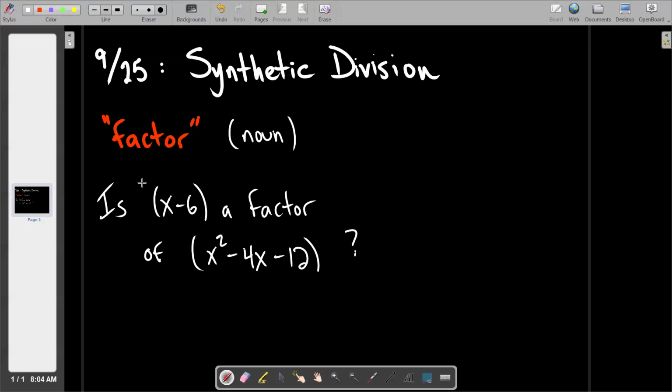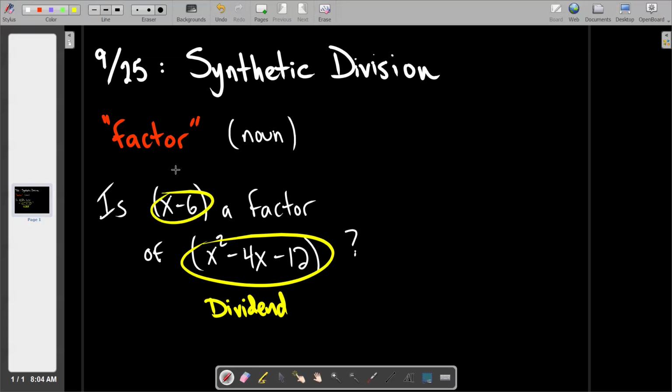But here's the setup. Look at the numbers in front of the polynomial. By the way, this is called the dividend. I don't think you probably remember that from the old days, but the dividend is what you're dividing. Then x minus 6 is called a divisor.